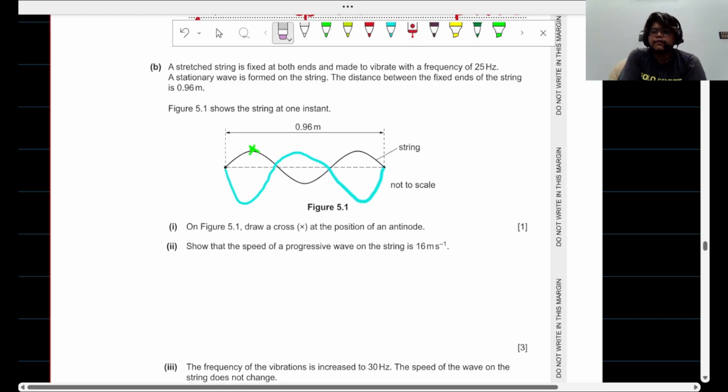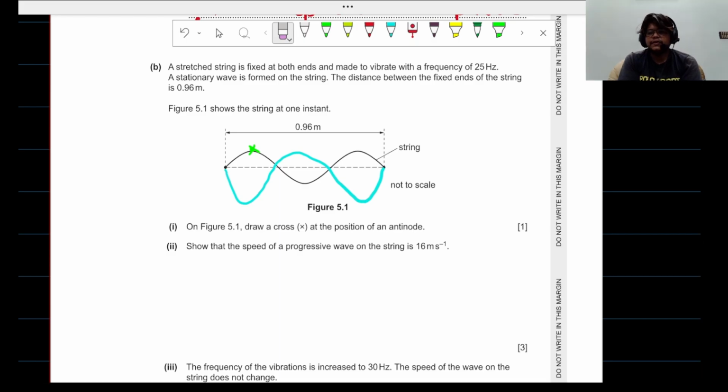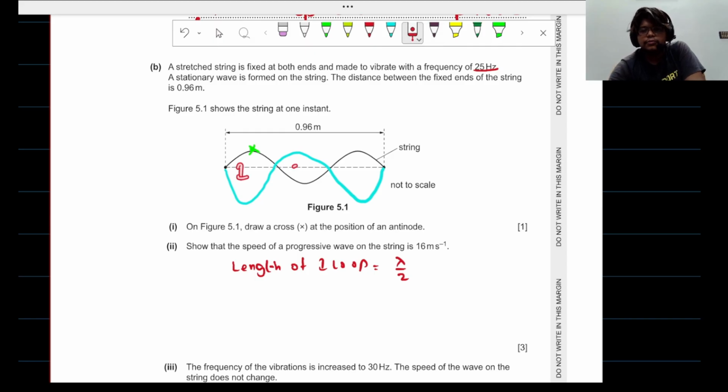Then it says show that the speed of a progressive wave on the string is 16 meter per second. We already know the frequency. If we can find the wavelength λ somehow, we can find the speed. Now, how can you find λ? We know that the length of one loop is equal to λ/2. How many loops do we have? One loop, two loops, and three loops. So this total length of 0.96 is of three loops. This means 3λ/2 = 0.96.